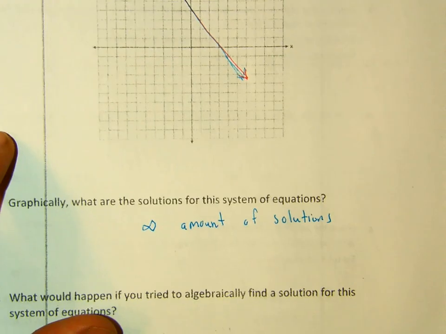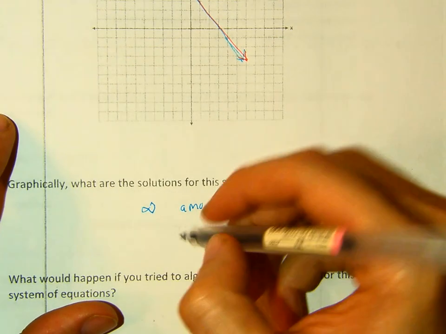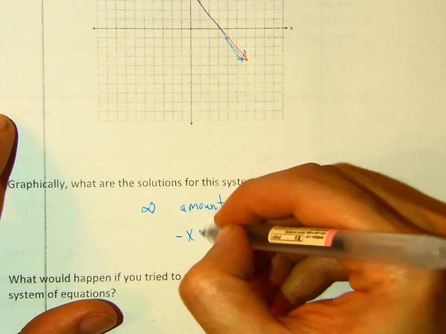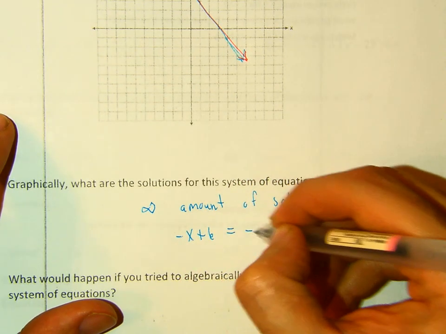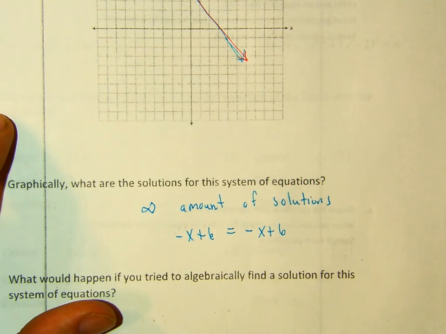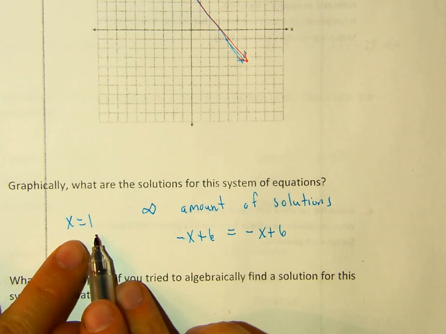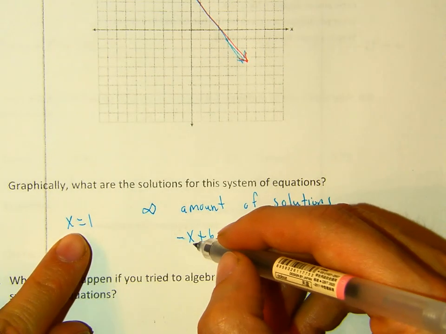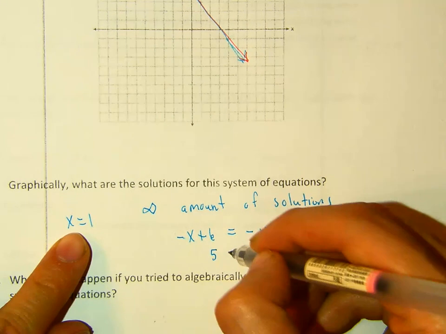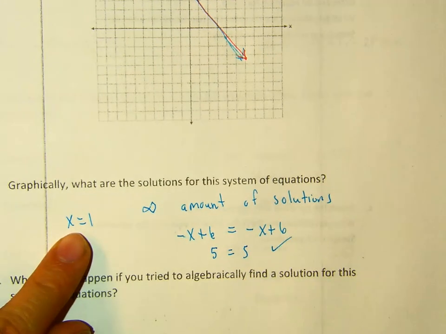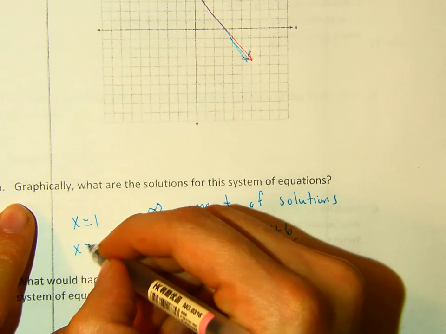Okay? And why is this the case? Because if you have one of the graphs and it looks like negative x plus 6 is equal to negative x plus 6, right? Imagine if you say x equals 1. Well, if x equals 1, then you have negative 1 plus 6, you have 5 equals 5. So it makes it true. What if I say x equals 2?